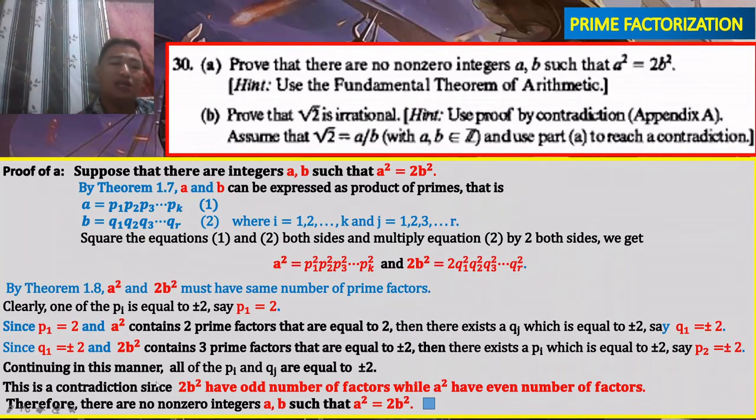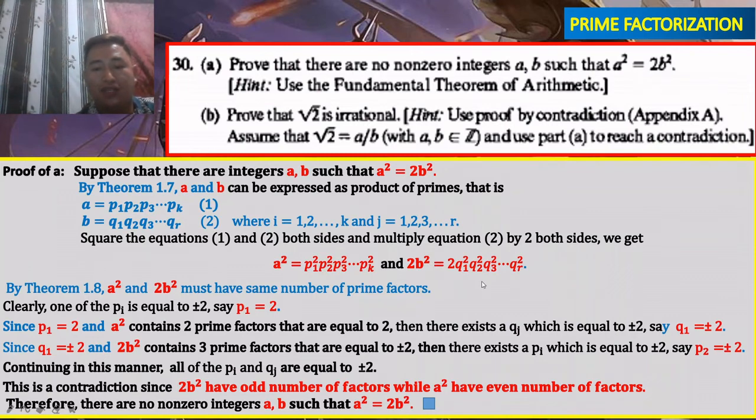So continuing in this manner class, so all of the p_i and q_j are equal to positive or negative 2. So equal na din silang tanan class kaning mga p_i's o mga q og positive or negative 2. So class, this is a contradiction. Ngano naman sir? Since okay, class tanawa class kung puros na sila positive or negative 2. So even ni diri. Tama si a squared class even iyang factors.